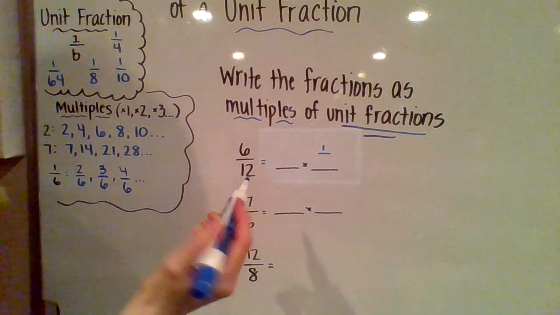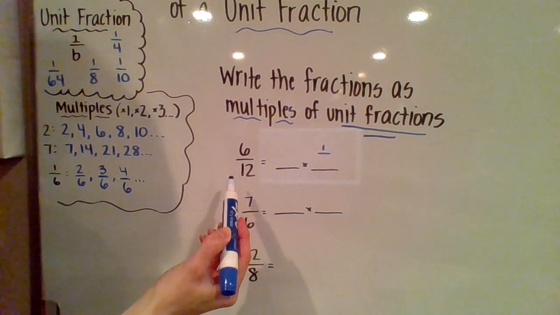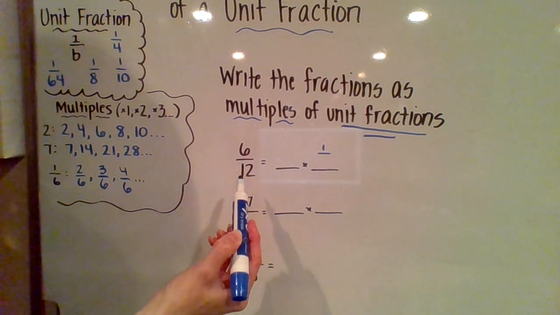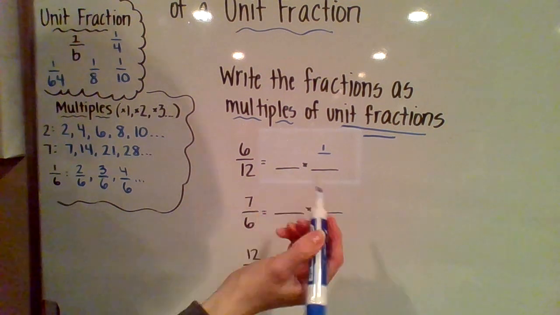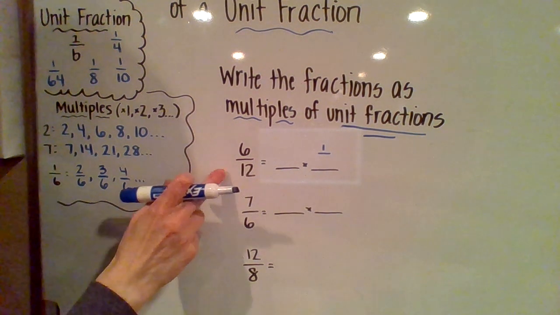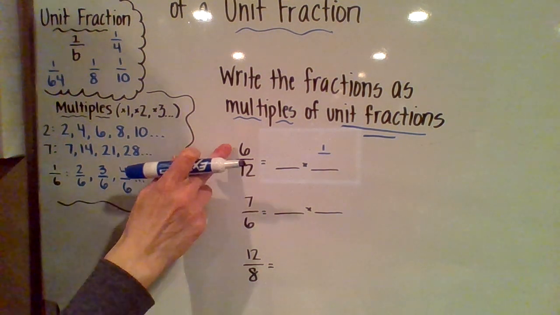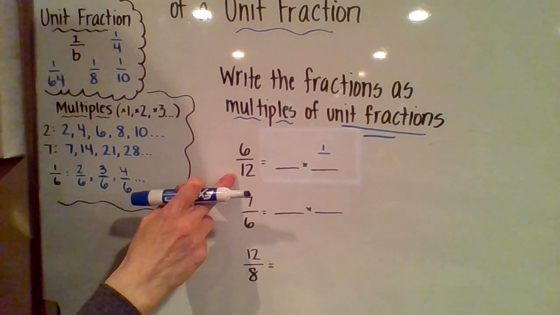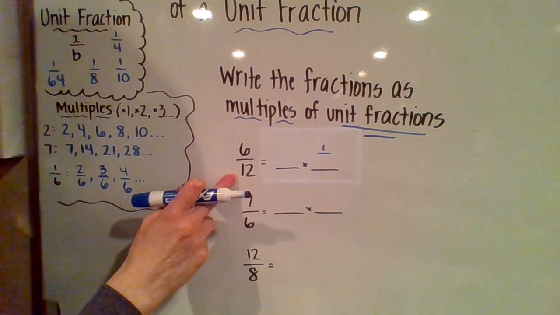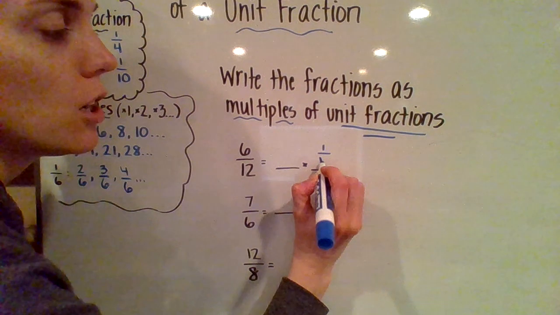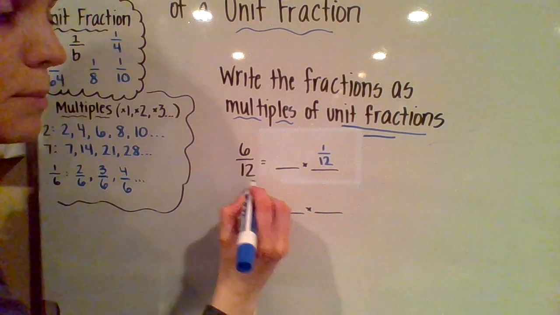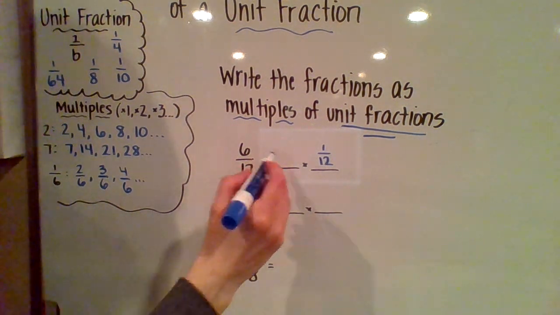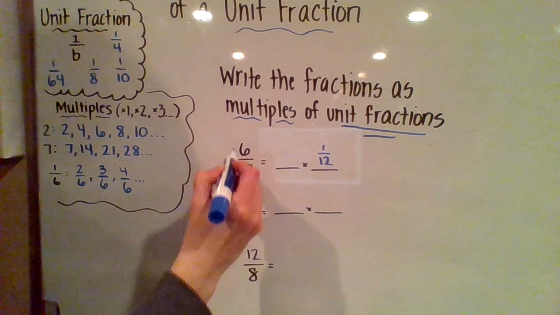So we're saying 6/12. What multiple is 6/12 if our unit fraction is what? What would our unit fraction be for this if we have 6/12? Say it out loud. Yes, our unit fraction would be 1/12 because our denominator stays the same. Now, what times 1/12 would be 6/12?